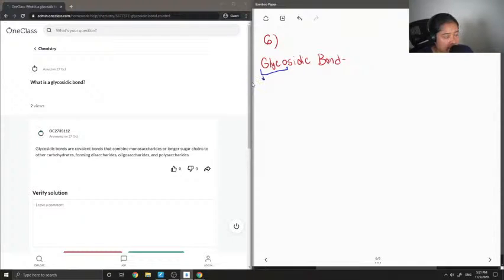So we can relate this to glucose or to sugar molecules in general. So we know that the glycosidic bond has something to do with sugar.